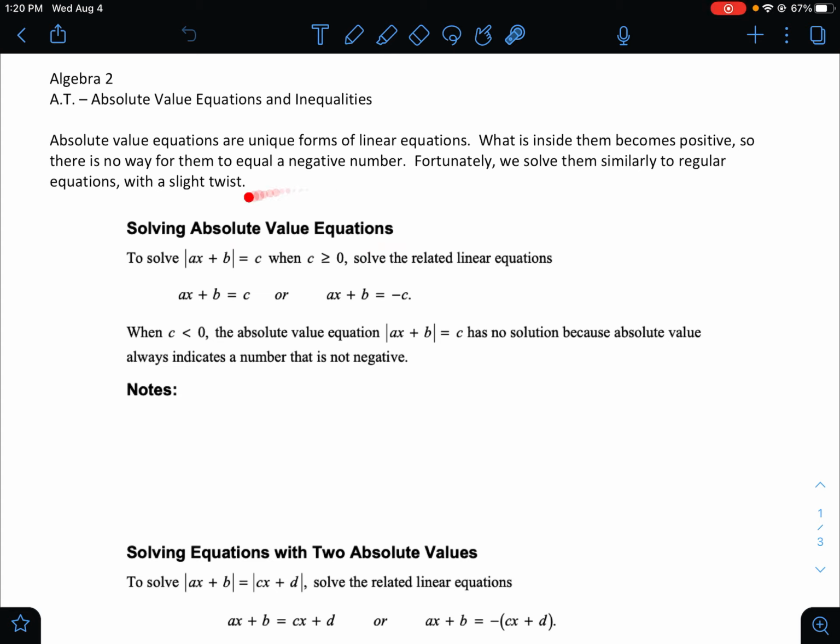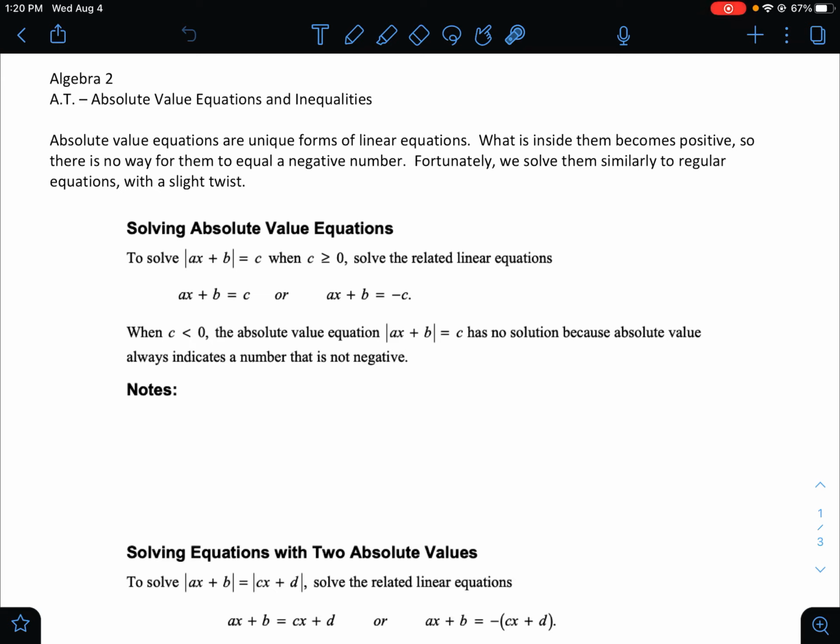The first thing we're going to go over is absolute value equations. Now there's two types. There's one where you just have a single absolute value equaling some number, and then down here where you have an absolute value equaling another absolute value. Don't worry, they are both solved very similarly, and so usually there's not too many issues with this.